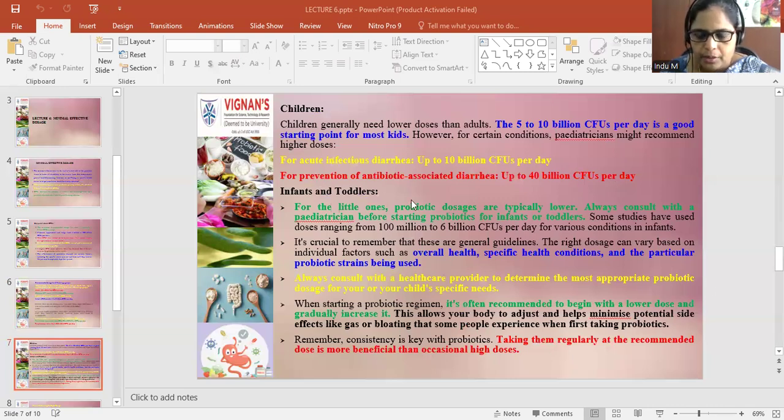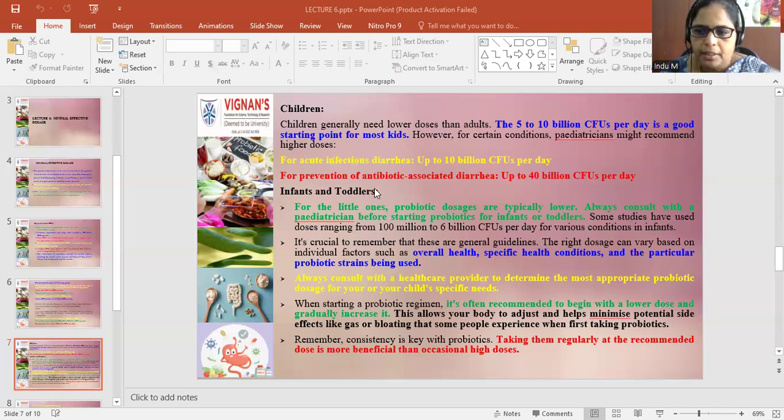In case of infants and toddlers, the little ones, probiotic dosages are typically lower. Always we need to consult with a pediatrician before starting probiotics for infants or toddlers. Some studies have used doses ranging from 100 million to 6 billion colony forming units per day for various conditions in infants.